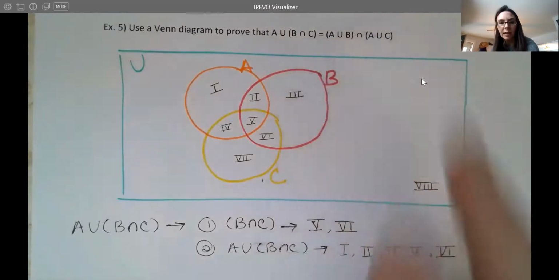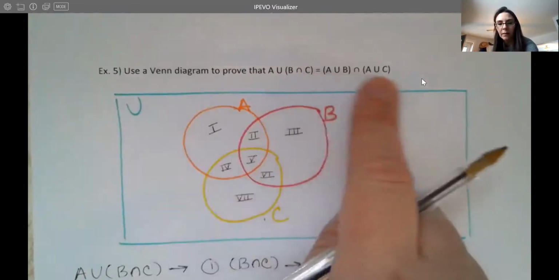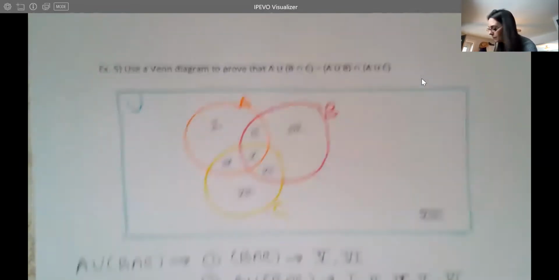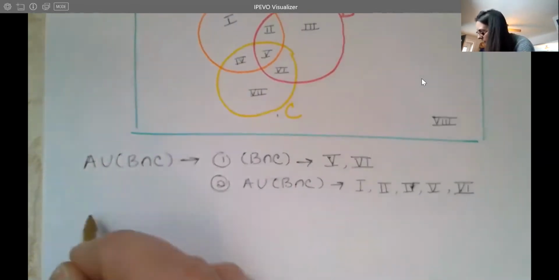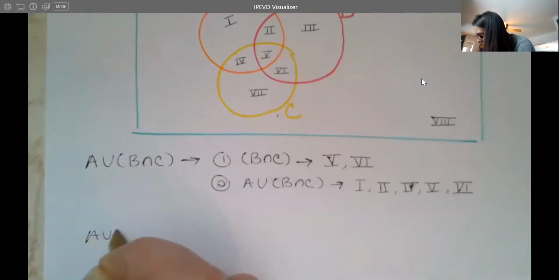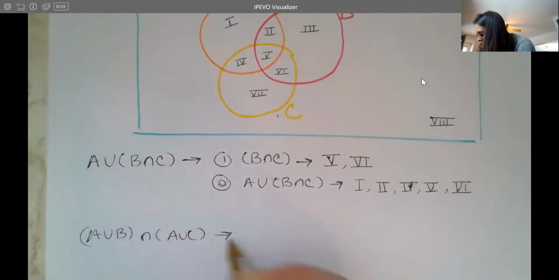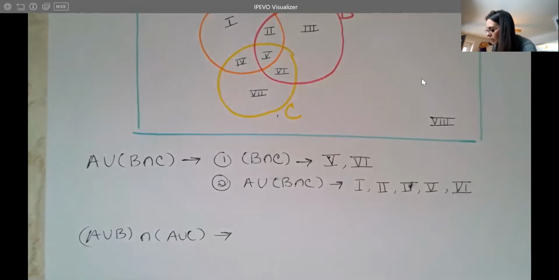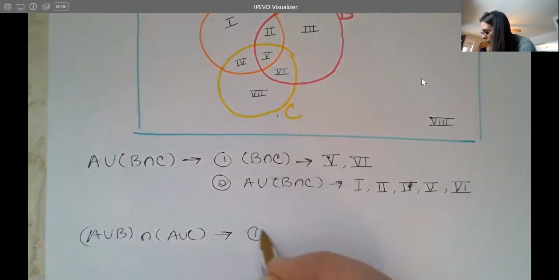Now I'm going to do the other side. I'm just going to write it down over here. So I'm looking at (A union B) intersect (A union C). Again, I have to do the parentheses first.